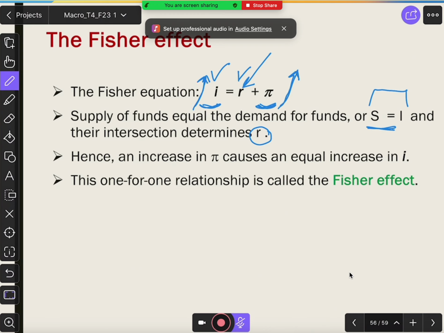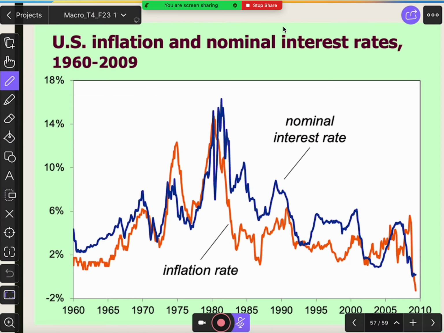Why? Because the Fed is taking these steps in order to cool down inflation, in order to reduce inflation. So looking at the data, nominal interest rate versus inflation, the inflation is in the orange, the nominal is in the blue. Again, we see that they are moving together, and this is what we see in the market now.